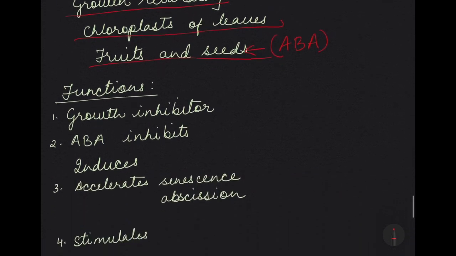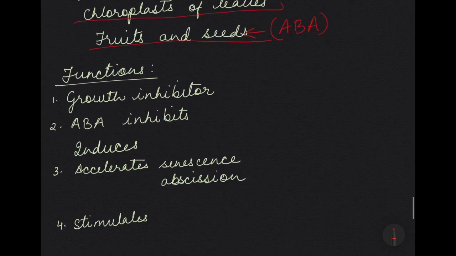Okay, now the functions of ABA. Abscisic acid is a growth inhibitor. It does not allow the growth. Okay, it slows down plant metabolism.